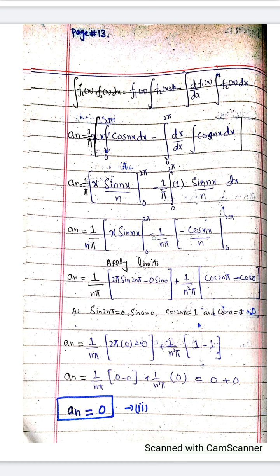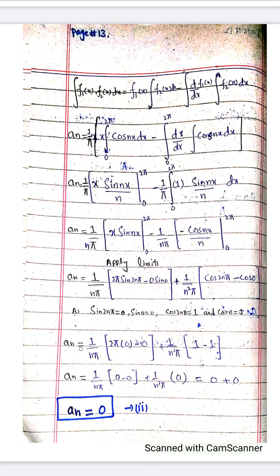This minus will multiply with this minus, so this will be positive, and this n is multiplied with this n pi, so we will get 1 over n square pi, and we will apply the limit here, so cos 2n pi minus cos 0. Now we know that sin 2n pi is equal to 0, sin 0 is equal to 0, cos 2n pi is equal to 1, and cos 0 is also equal to 1.